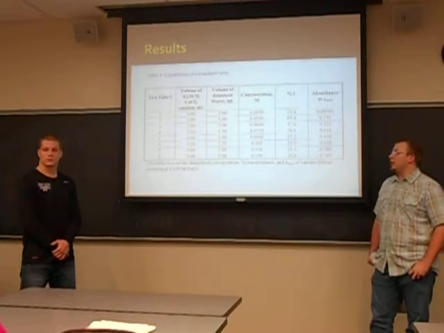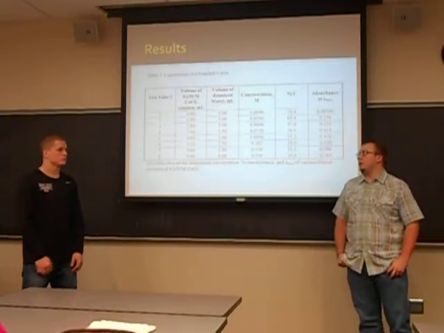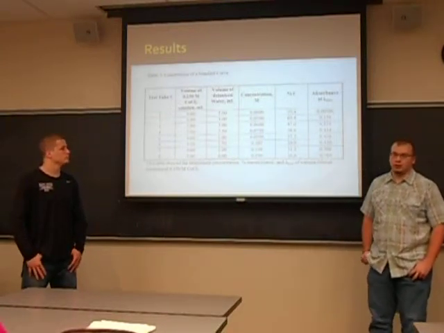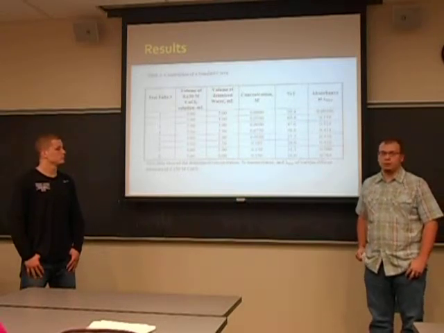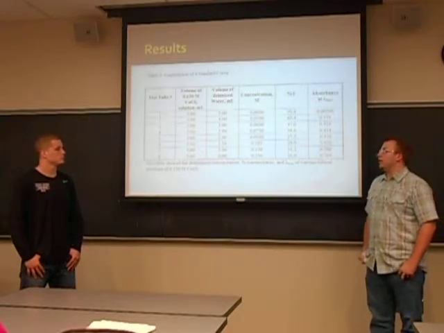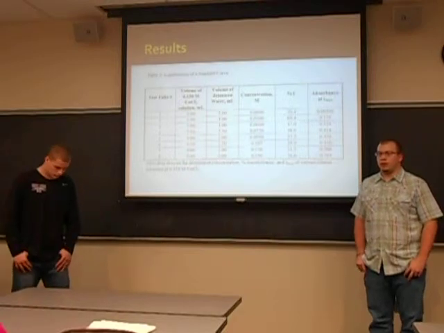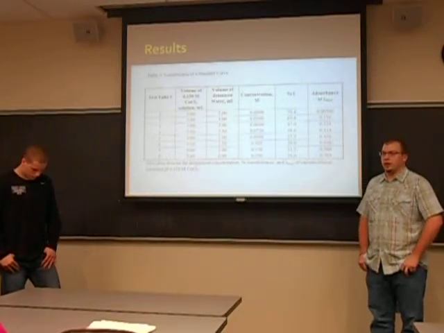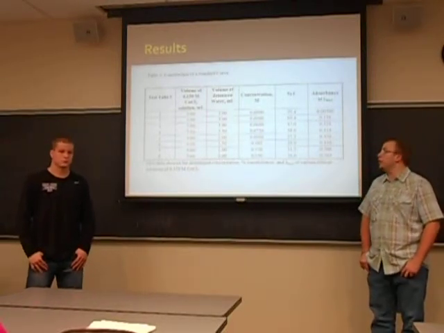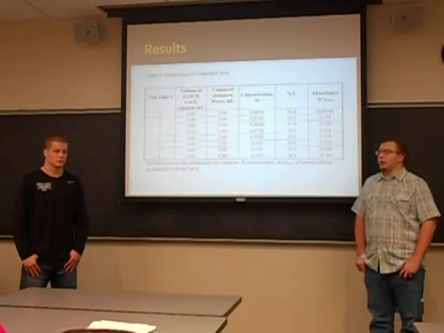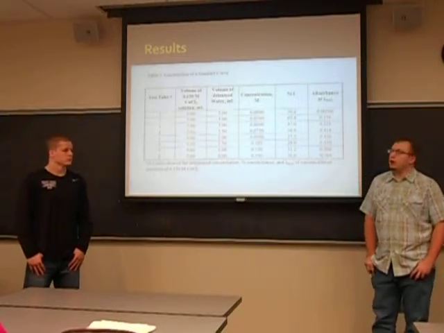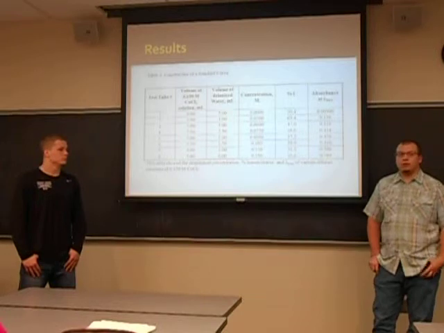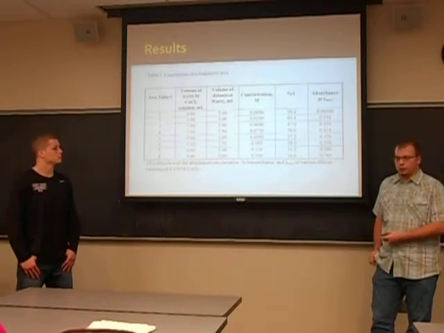Following that is the volume of DI water, which goes from 5.00 milliliters down to 0.0 milliliters. Then the concentrations of our molarity, which vary depending on the dilution that we were using, along with the percent transmittance and the absorbance at the lambda max, which were determined through our dilutions.